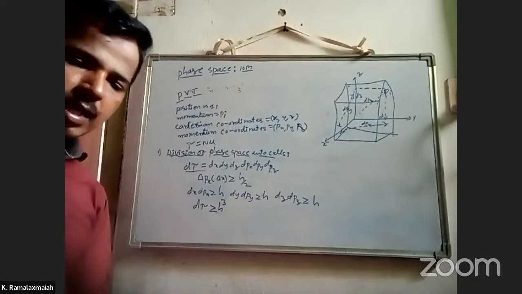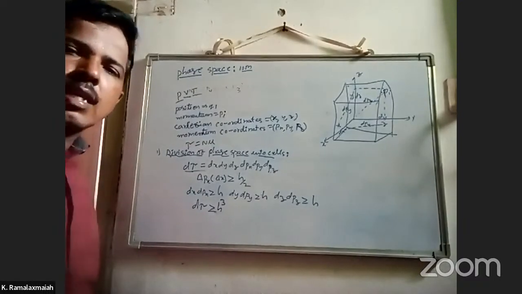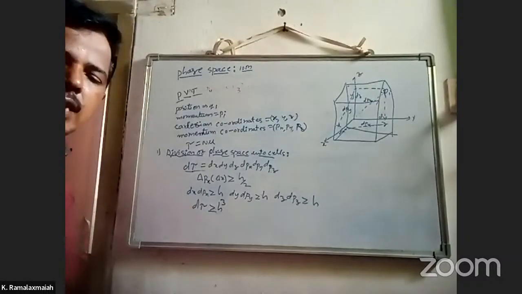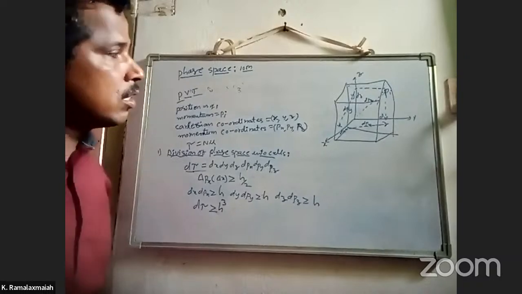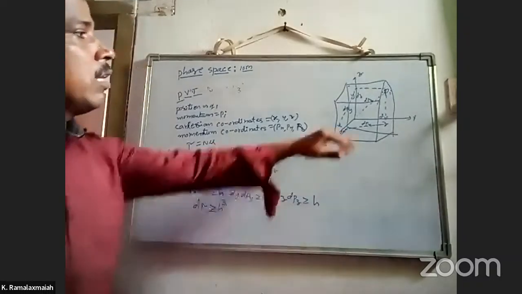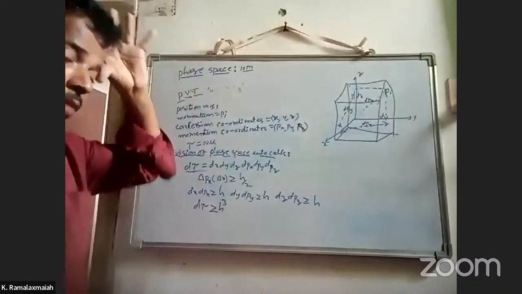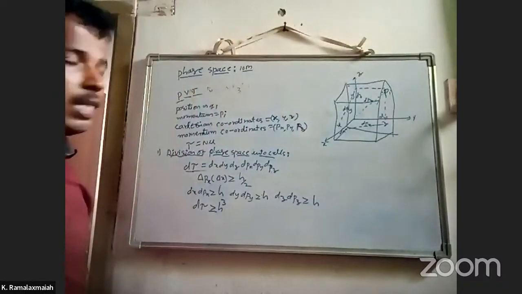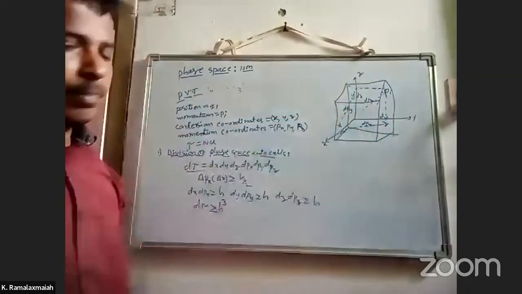Hence, a particle in phase space cannot be considered to be exactly located at the point x, y, z, and at the same time have exact px, py, pz.